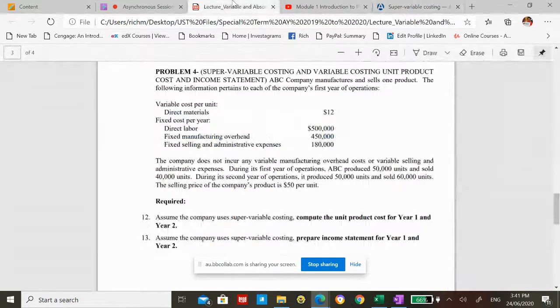So to discuss how to solve a problem for super variable costing, let's discuss problem 4 in our handout. I'm going to read the problem. ABC company manufactures and sells one product. The following information pertains to each of the company's first years of operation. We have variable cost per unit, which only includes direct materials, that is $12. The fixed cost per year, we have direct labor, 500,000.